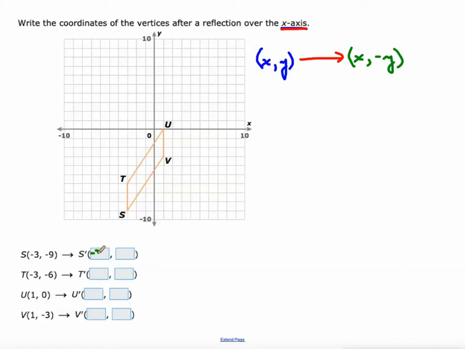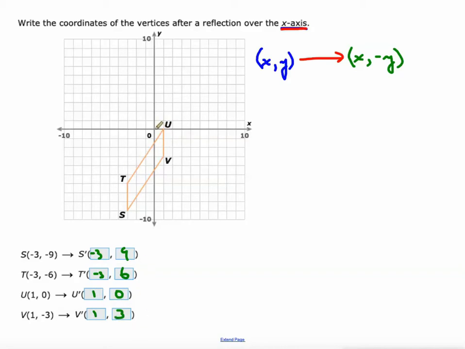So x stays the same, negative 3, 1, 1. Y becomes opposite. Negative 9 becomes positive 9. Negative 6 becomes positive 6. 0 stays the same, and negative 3 becomes positive 3.